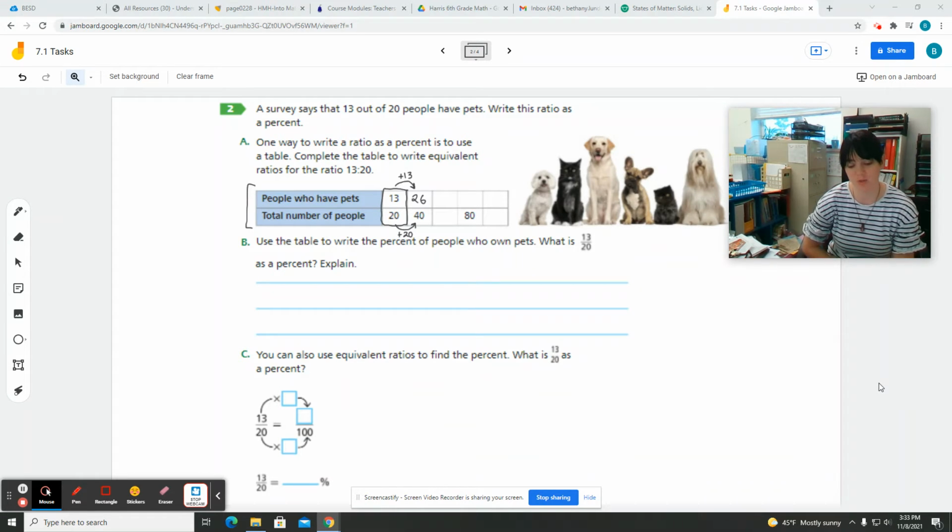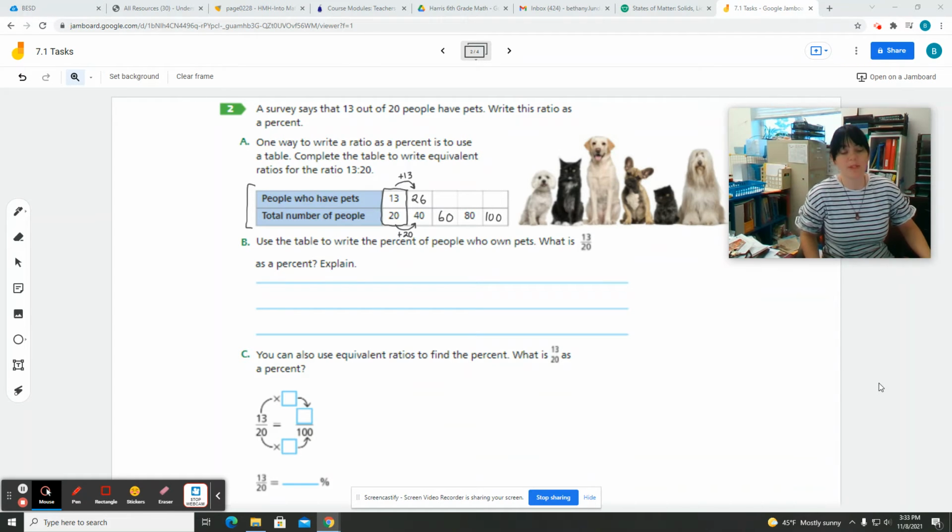But I wrote it here as 20 plus 20 and 13 plus 13 because for the next one, the goal here is that we want to get to 100 here. And if you notice, it's kind of in a pattern. It goes 20 to 40, and then it skips one, it goes to 80, and then 100. So this middle one should be 60 because it goes by 20s. 20, 40, 60, 80, 100.